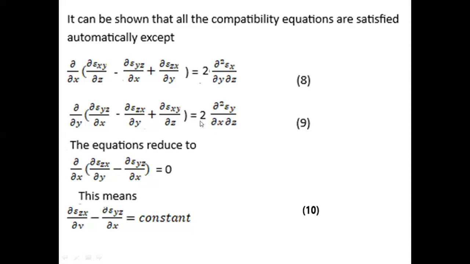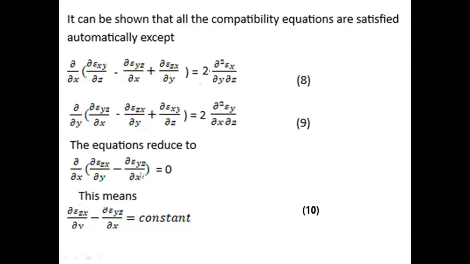So the two compatibility equations which are not automatically satisfied reduce to one equation: del by del x of del epsilon zx by del y minus del epsilon yz by del x is equal to 0.